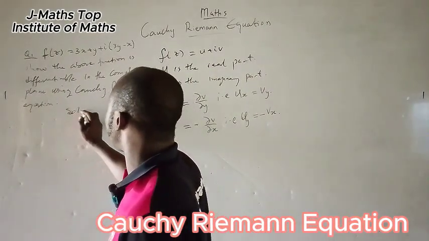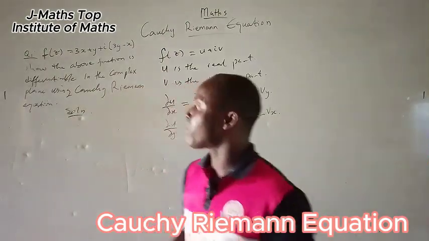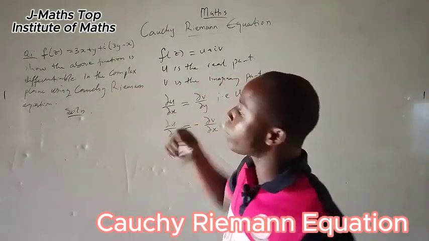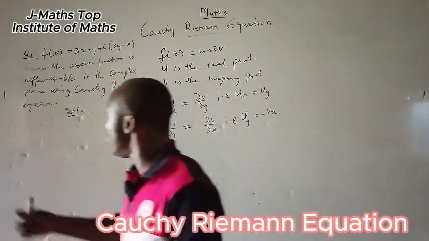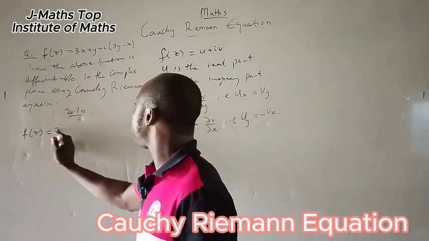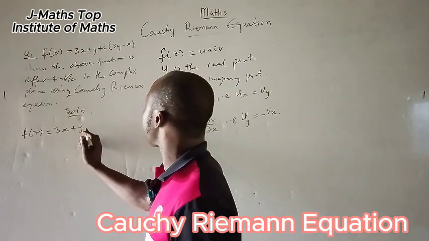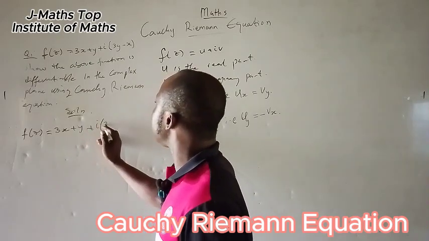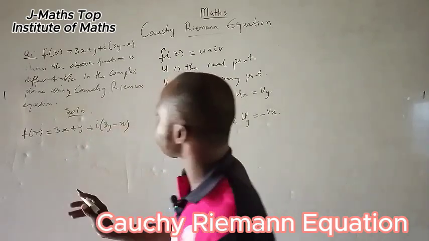Now, let's go to our solution. We are given f of z is equal to 3x plus y plus i bracket 3y minus x.